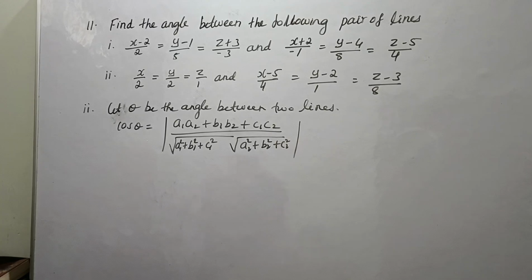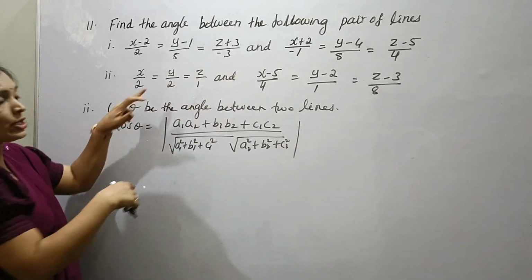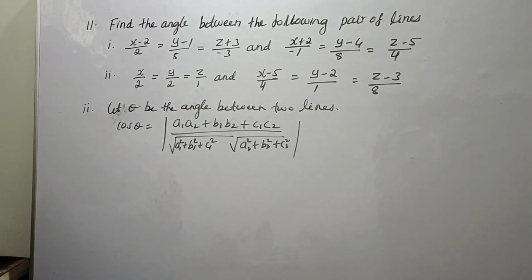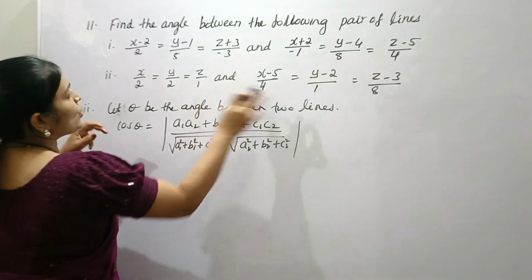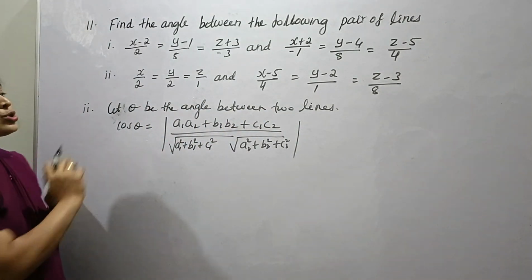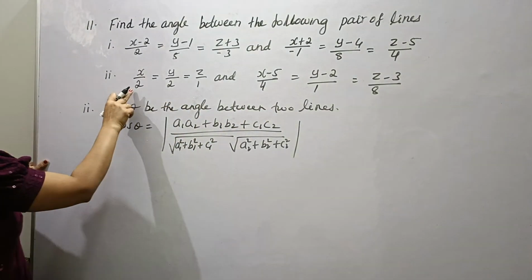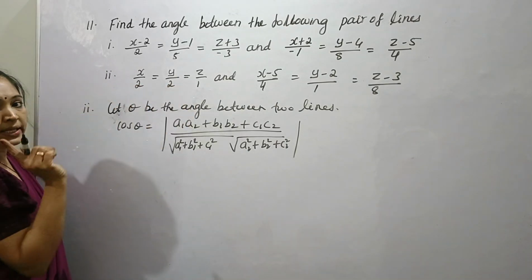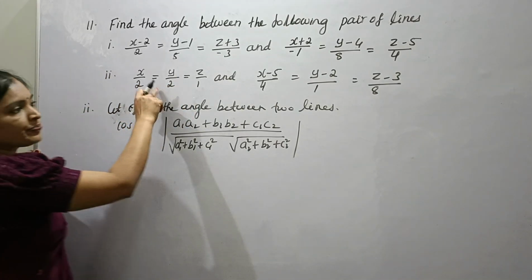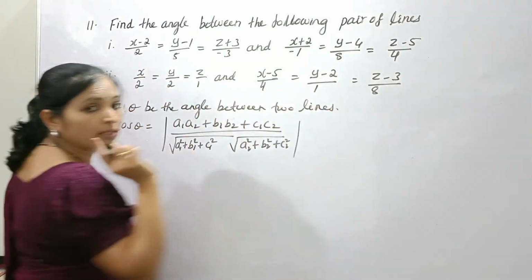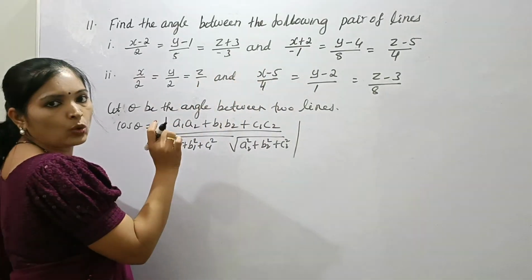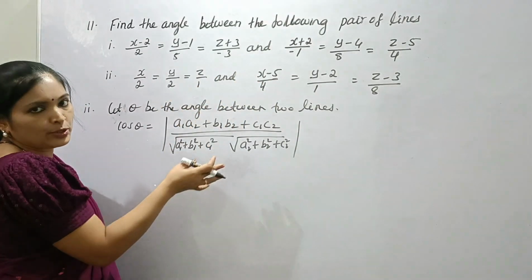Now let's find the angle between the second pair of lines. Here also let's write the direction ratios of the given lines. That is 2, 2, 1 are the direction ratios of the first line, and 4, 1, 8 are the direction ratios of the second line. So we have to find the angle between them.